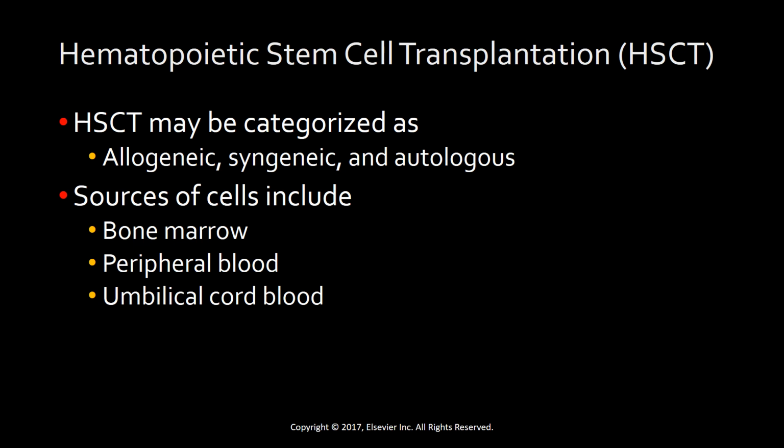The syngeneic transplantation is a type of allogenic transplant that involves obtaining stem cells from one identical twin and infusing them into another, because identical twins have identical tissue types and are a perfect match. That's syngeneic.